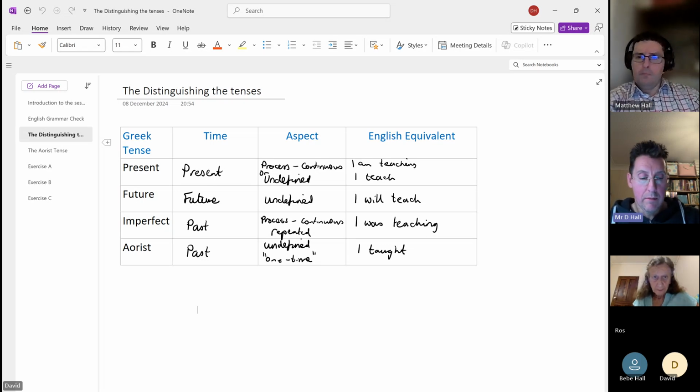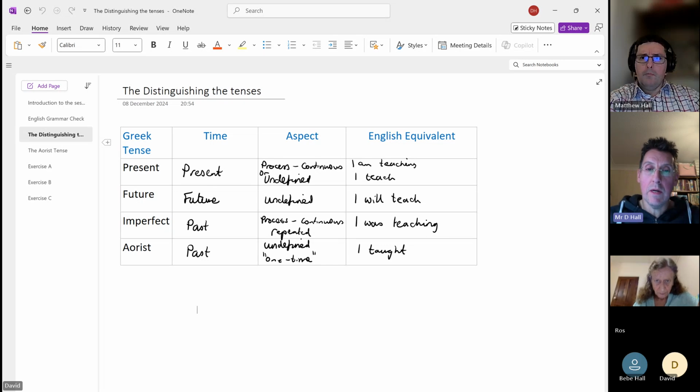We've got some endings that went with those, and we'll find that the endings for the aorist have some similarities, and then obviously some differences. So that's what we're going to look at more specifically now. And you might remember, and hopefully you do, that in order to distinguish a tense in the past, an epsilon is added to the front of the verb.